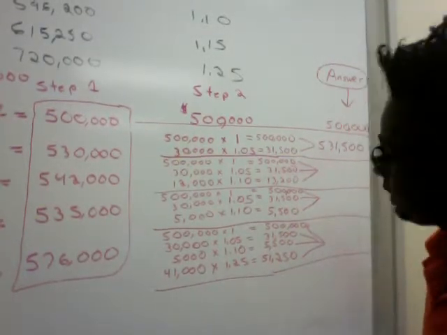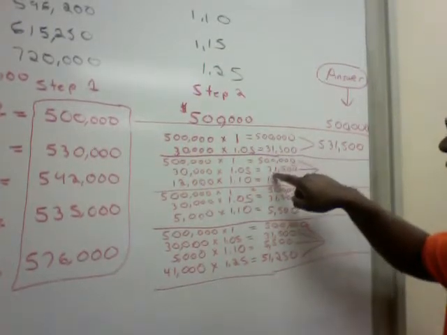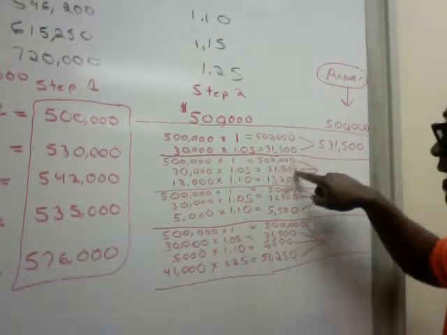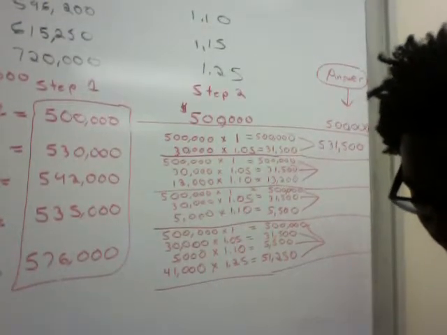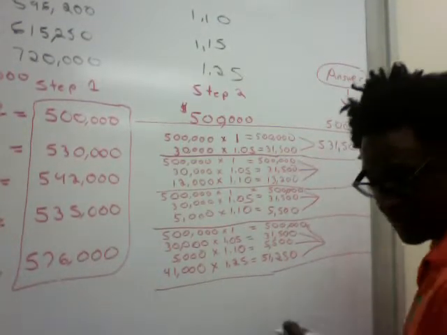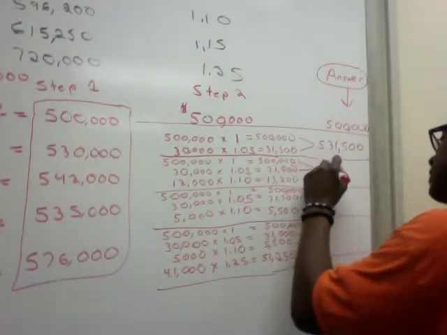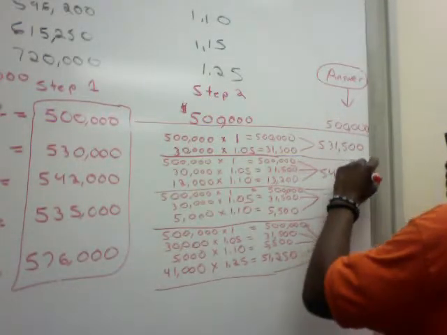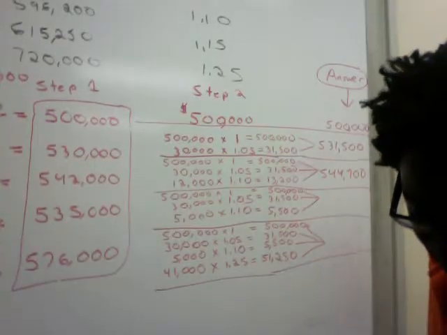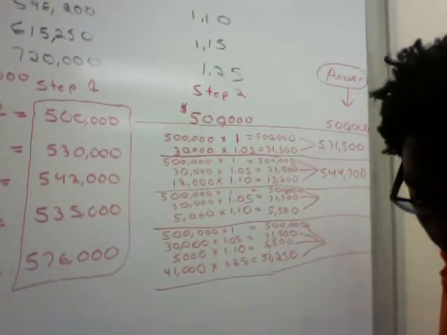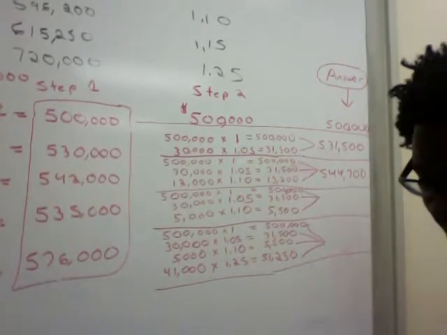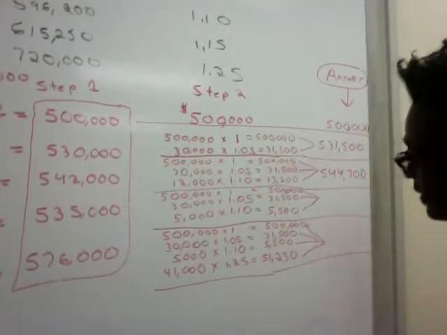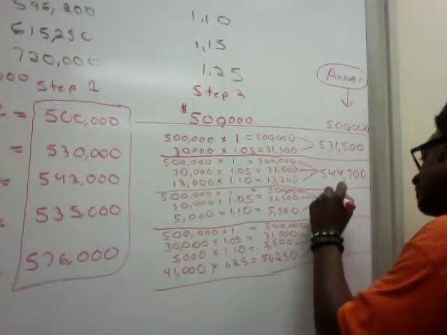If I add these three numbers, the 500,000 plus the 31,500 plus the 13,200, I'm going to get 544,700. If I add up the 500,000 plus the 31,500 plus the 5,500, I am going to get 537,000 flat.